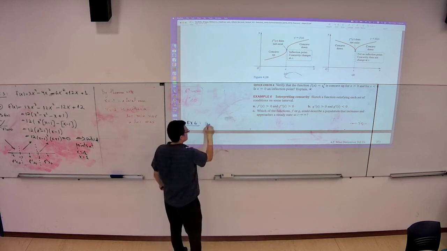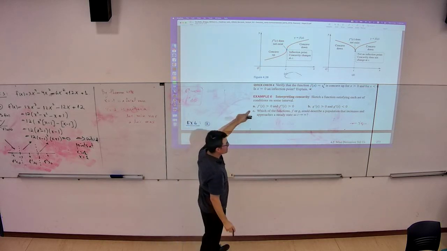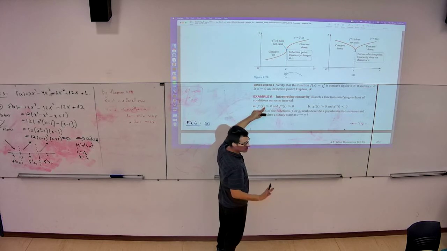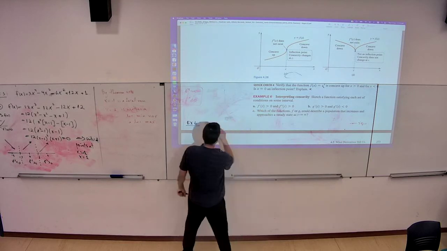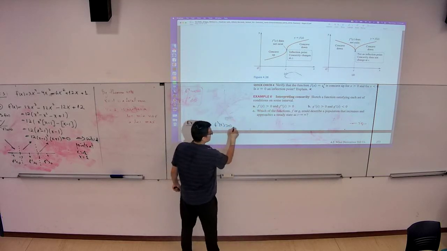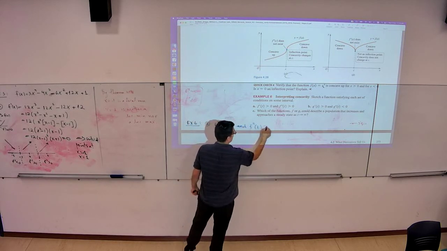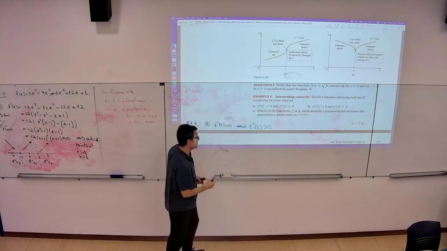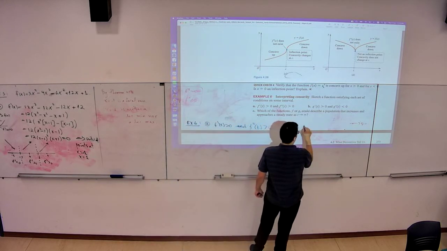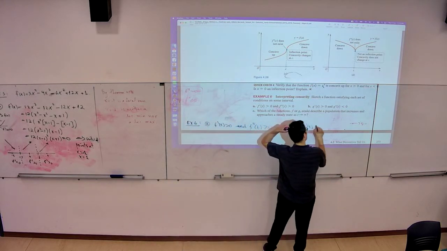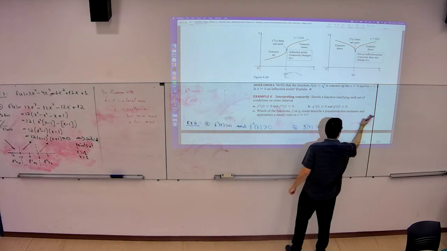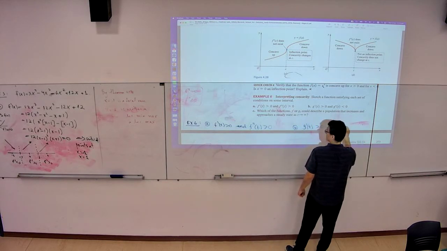Try to sketch a function which satisfies each set of conditions on some interval that we have to choose. Part A: f prime positive on that interval, and f double prime positive as well. And part B: g prime positive, but the second derivative, g double prime, negative.